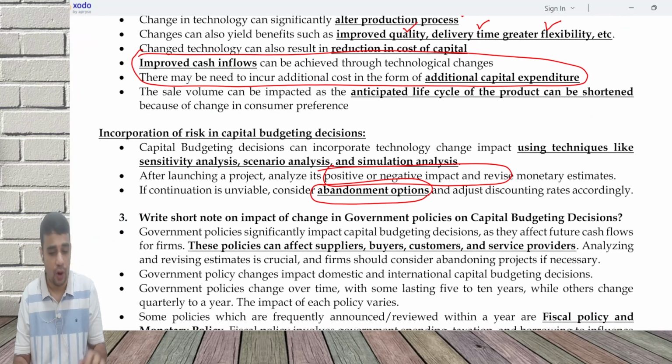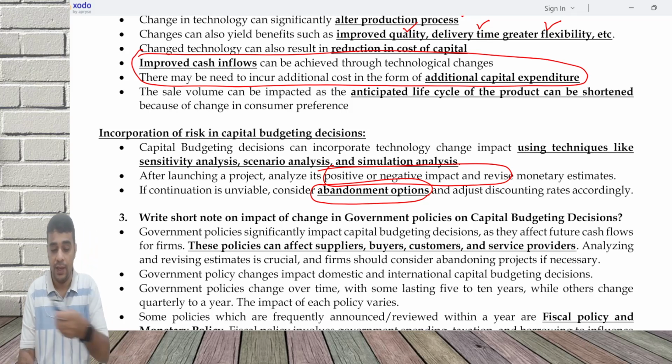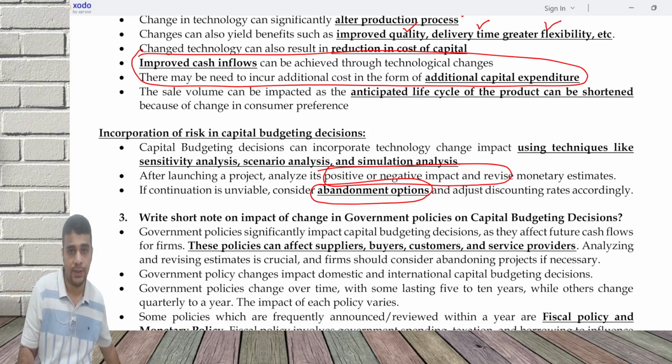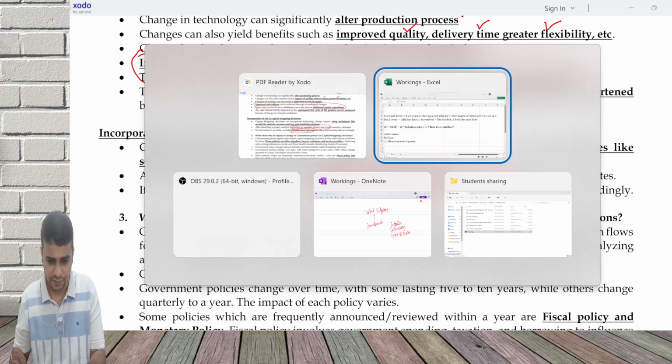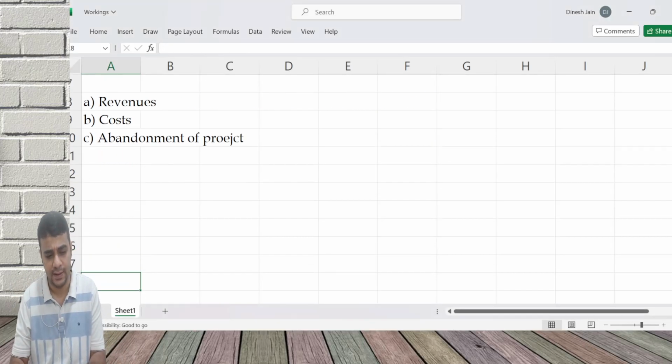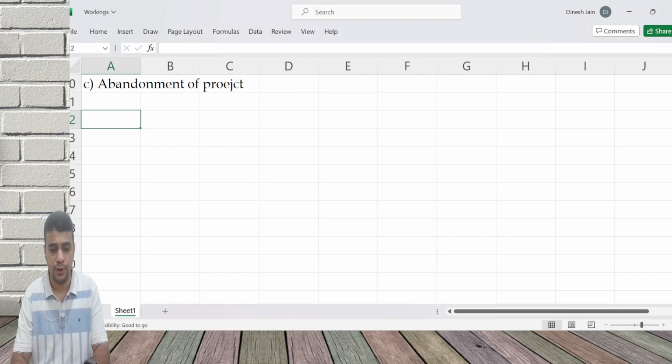Next, write a short note on impact of changes in government policies on capital budgeting decision. Now, the government policy can impact a domestic capital budgeting decision.